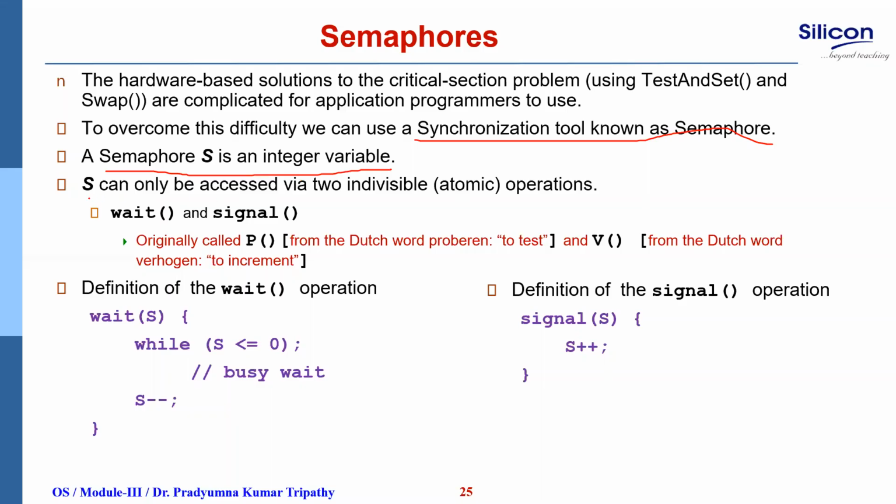Second, S can be accessed via two indivisible operations. Indivisible operation means atomic operations. They cannot be divided, either all or none. Either all instructions will execute or none of them are executed.